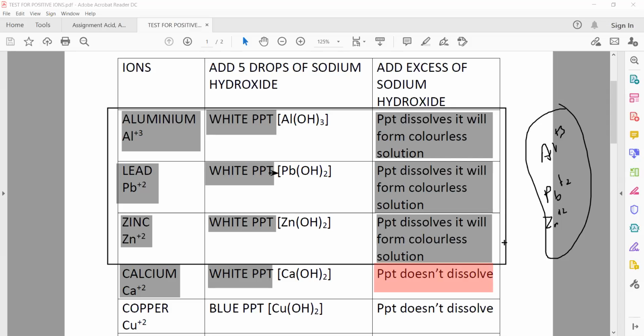So with calcium ion, when you add 5 drops, all are giving a white precipitate, so you cannot identify. You can say maybe it's calcium, zinc, lead, or aluminum. But when you add an excess of sodium hydroxide, what will you observe? You will observe the precipitate will not dissolve if calcium was there. If the precipitate dissolves, it might be aluminum, lead, or zinc.